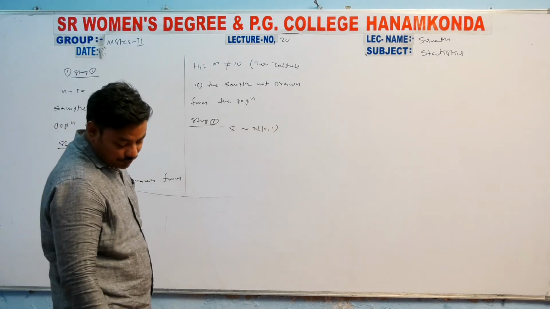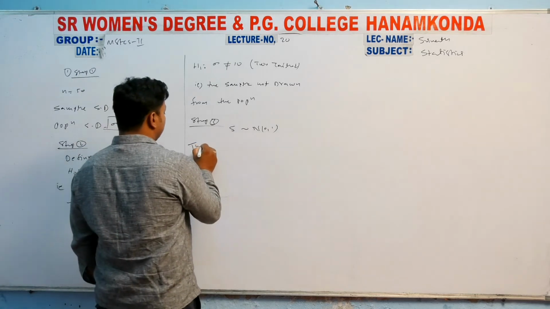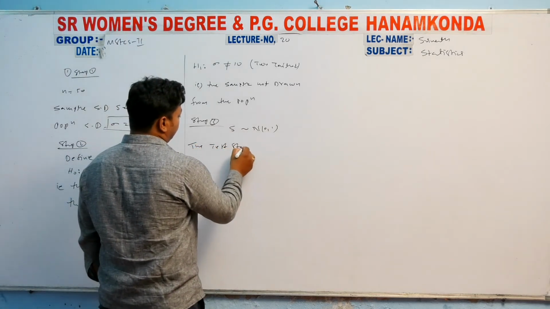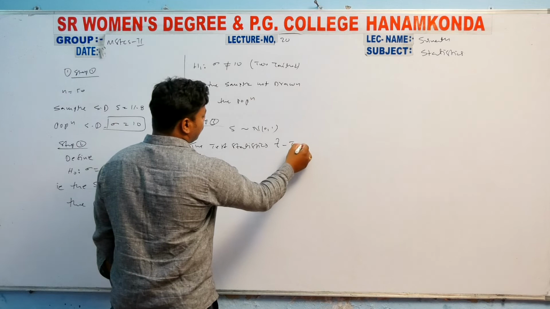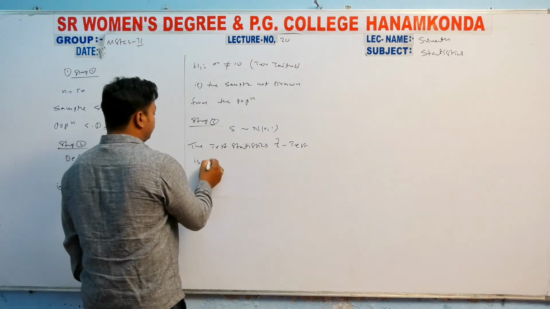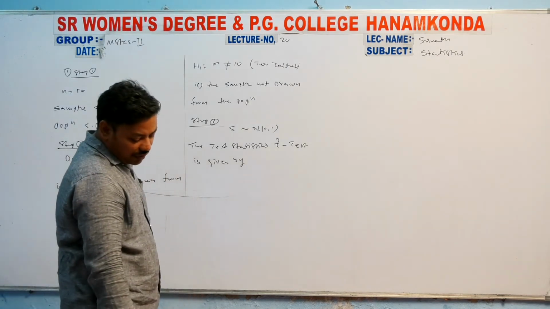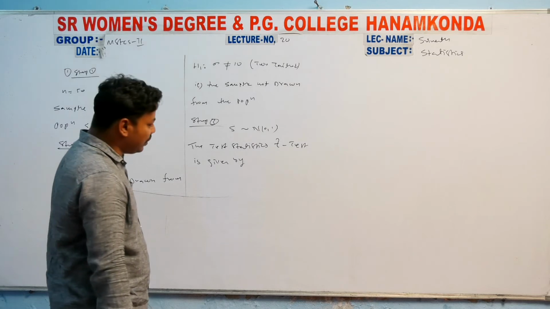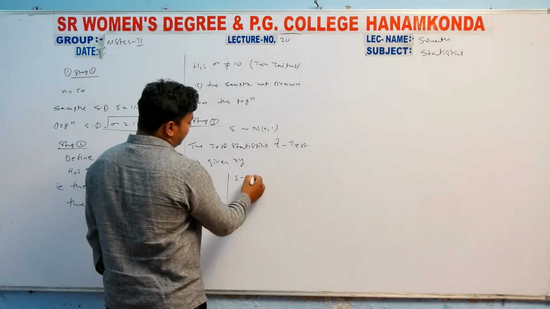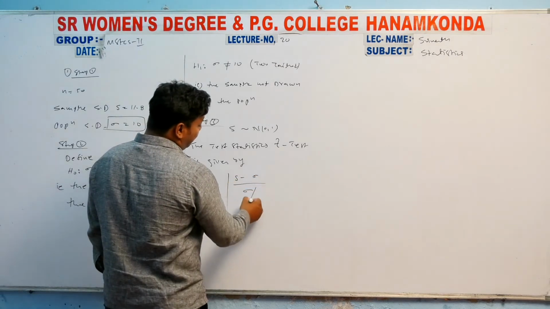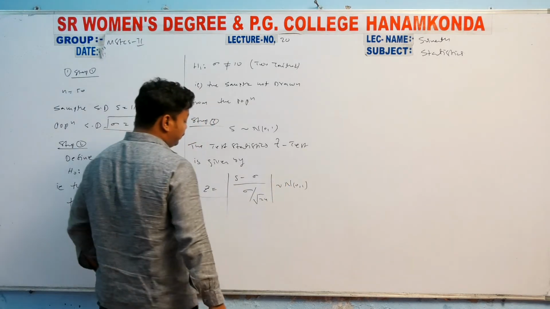And here the test statistic Z test is given by Z is equal to mod of S minus sigma by sigma by under root of 2n, which follows the normal distribution 0, 1.